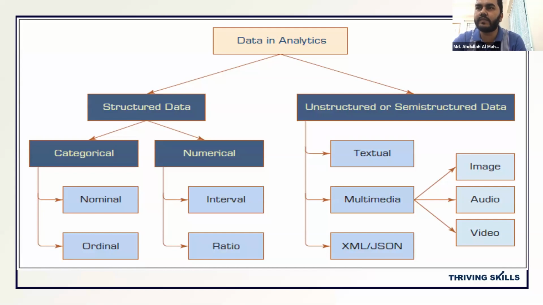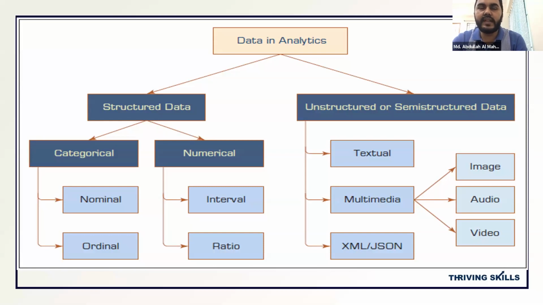They are collecting data from web sources, social media, and some other external sources. It might be an XML file or any web-related file, and multimedia and textual. So these are unstructured or semi-structured. For unstructured and semi-structured data, we basically do qualitative analytics, and for structured data, we basically use quantitative analytics.